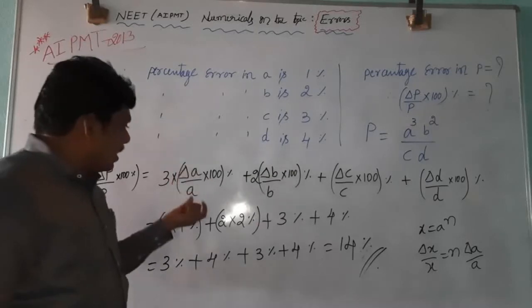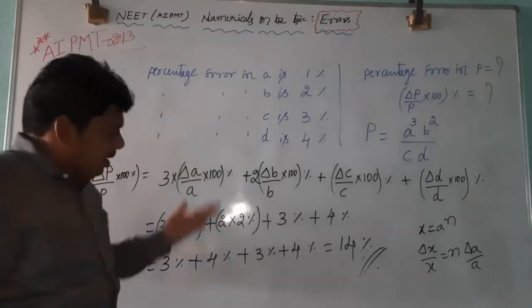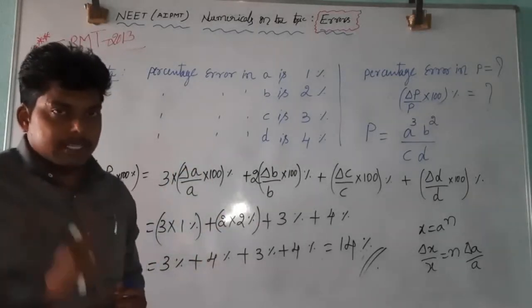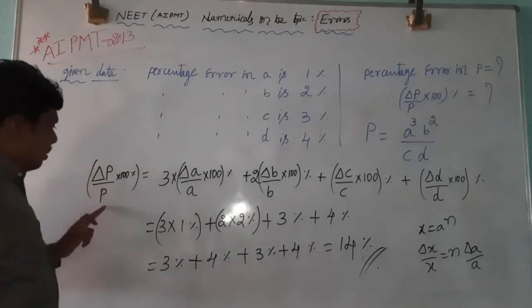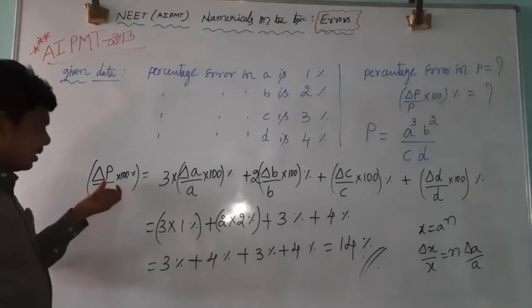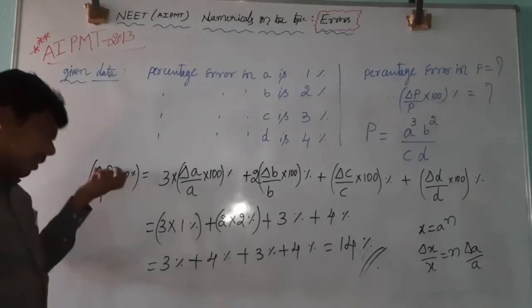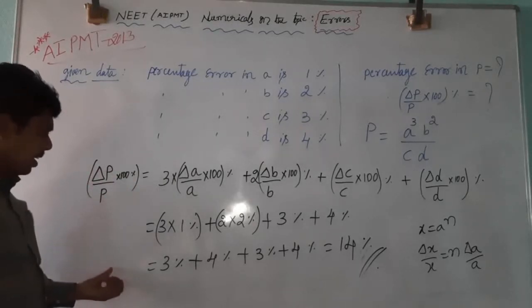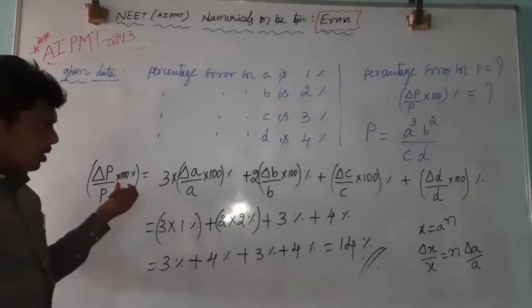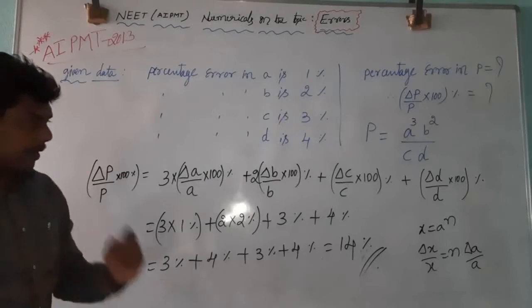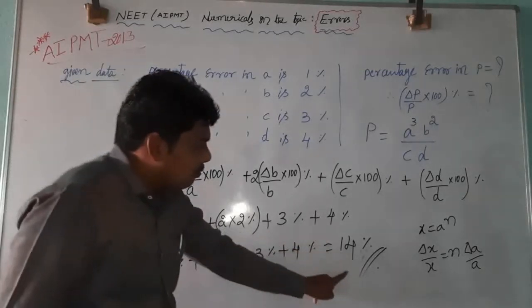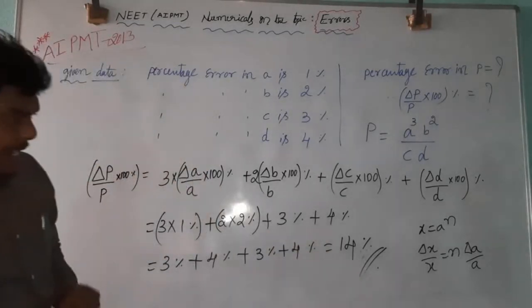Even if you take delta A by A, there is no problem, because we will express in terms of the percentage only, so that there is no confusion. Here delta P by P into 100% is nothing but percentage error, or you can take delta P by P only. Why? Because here also 100%, here also 100%. There is no problem at all. What is the answer for this one? 14%, and choose the right option.